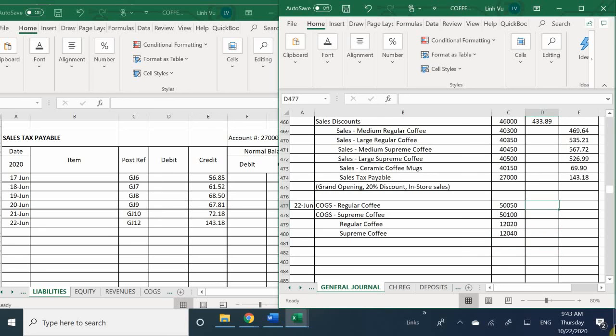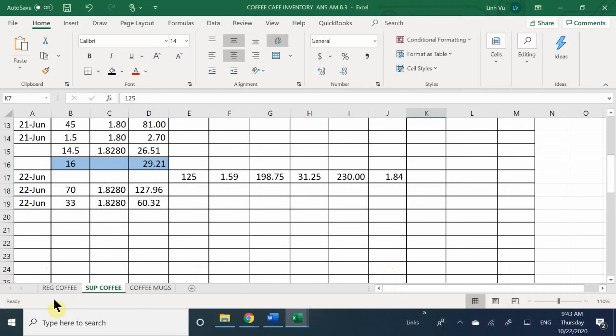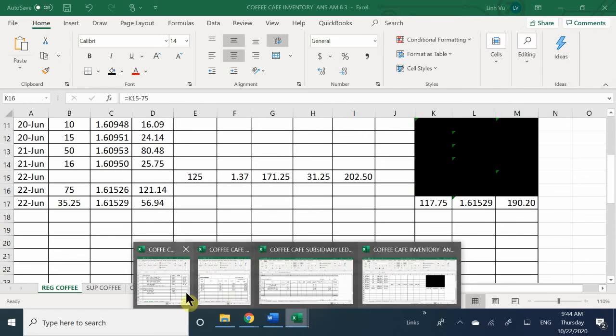And what amounts was my cost of goods sold? One second, inventory. The regular is 56.94.